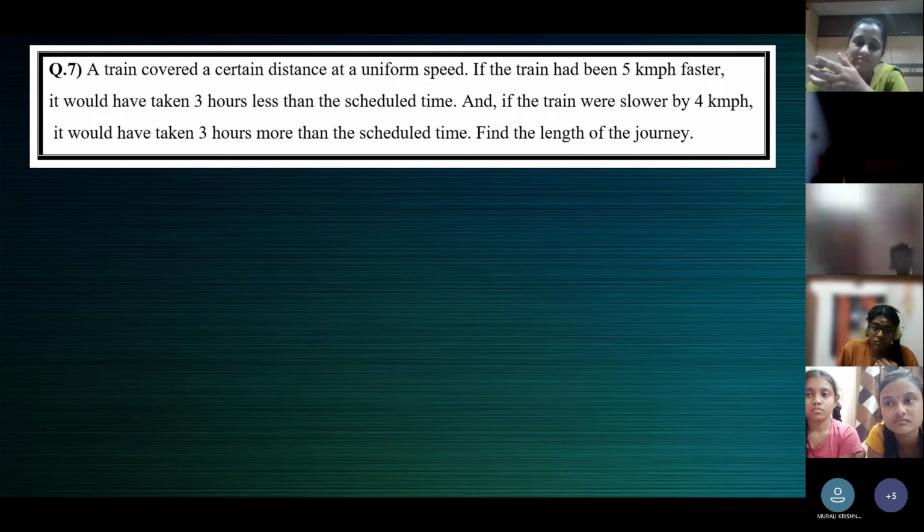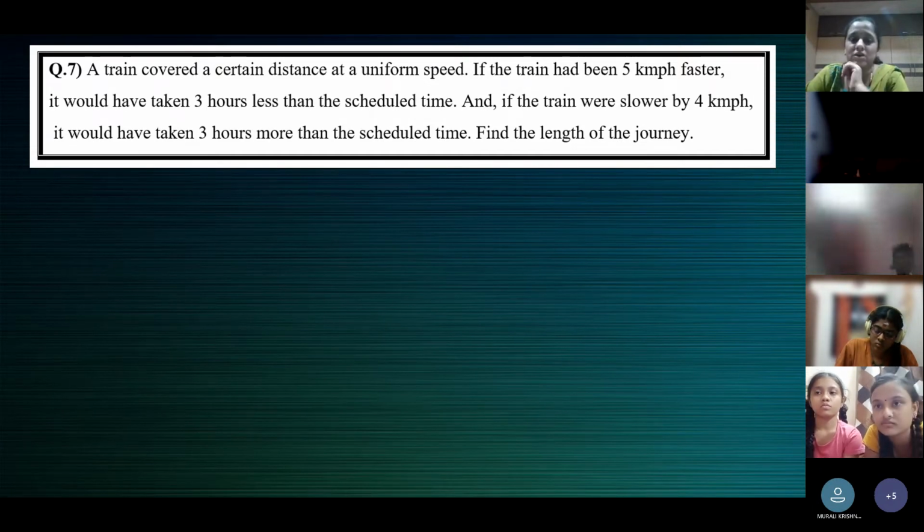If you cycle faster, if you increase your speed, you will reach your school in less time. If you cycle slowly, then you take more time. But you should take the same route. If you take different routes, then the distance will be different.